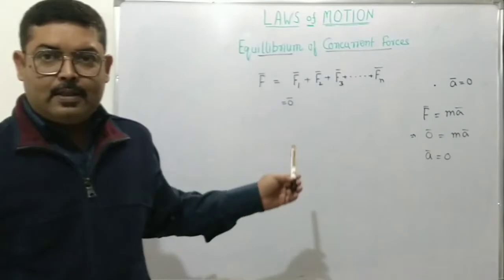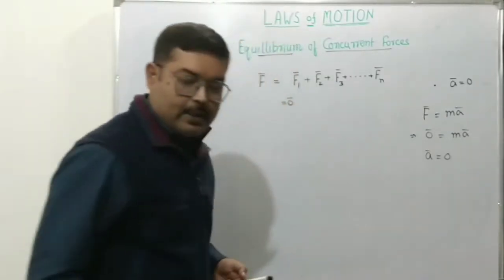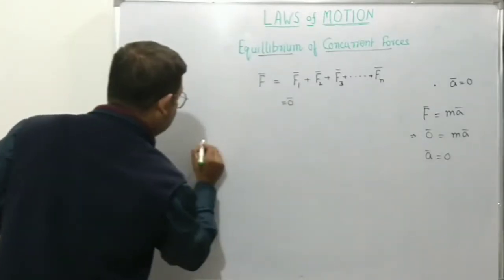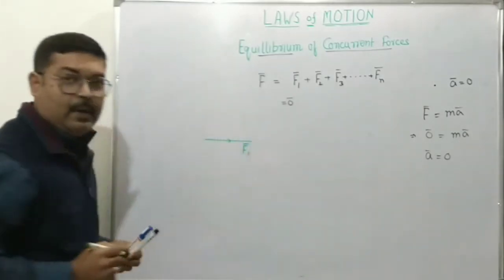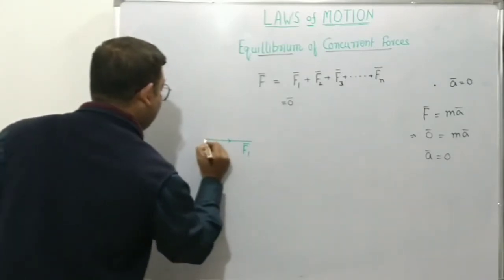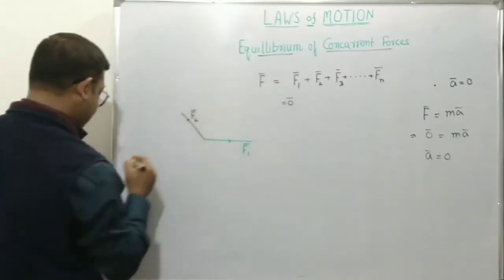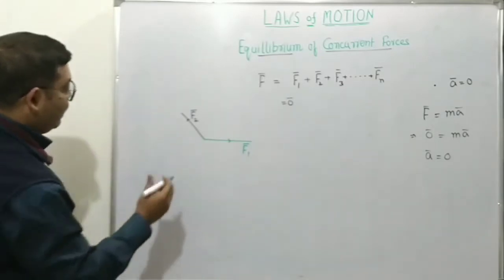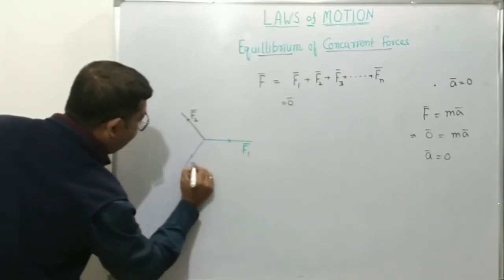Now, this is the general case. Let us consider a special case where, let's say, there are three different forces. F1 acting in this direction, then let's say we have another force acting in this direction, this say is F2, and then one more force acting in a different direction, say F3.